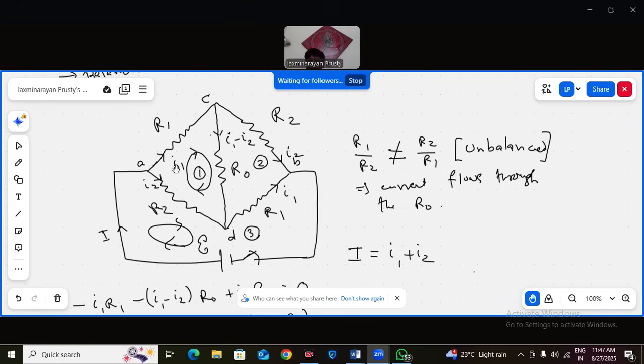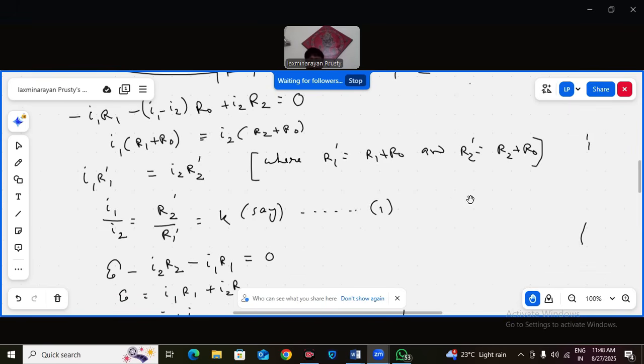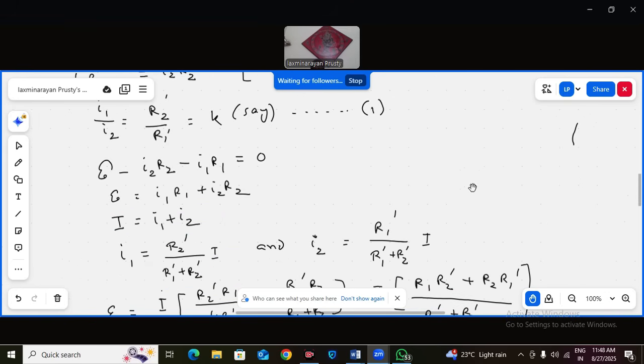So I get a relationship I1 by I2 is R2 dash by R1 dash. It's not exactly parallel, but it's similar. So that's very simple.